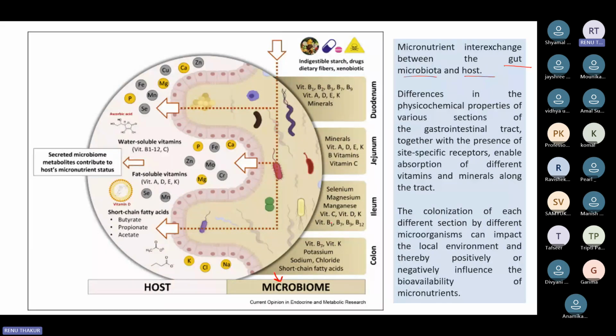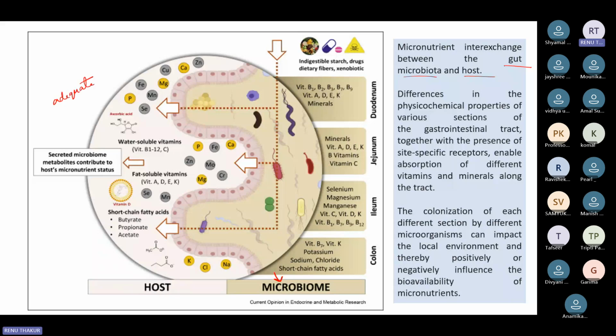So you can see, if your gut microbiome is normal, they don't have any kind of infection, they are not altered, so they will synthesize each and every micronutrient, vitamins, and short chain fatty acids like butyrate, propionate, acetate. Everything will be synthesized in an adequate amount.